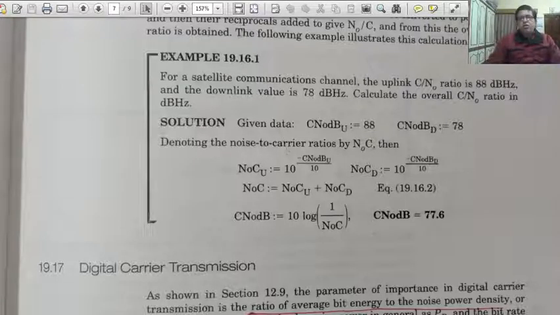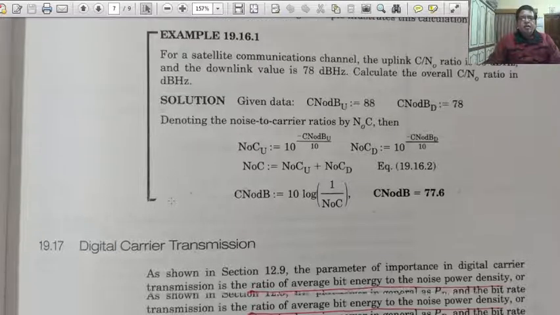Denoting the noise to carrier ratio N0/C, then N0/C uplink equals 10 raised to minus C/N0 dBu upon 10, and N0/C downlink equals 10 raised to minus C/N0 dBd upon 10, and N0/C equals N0/C uplink plus N0/C downlink, and C/N0 in dB equals 10 log 1 upon N0/C, which is 77.6. So such kind of calculations can be easily done by these relations.